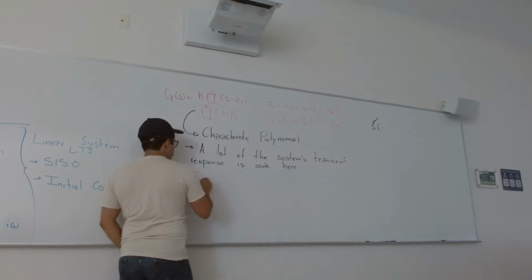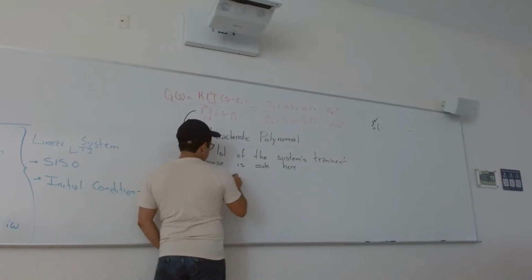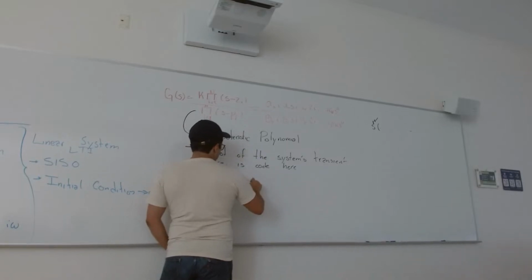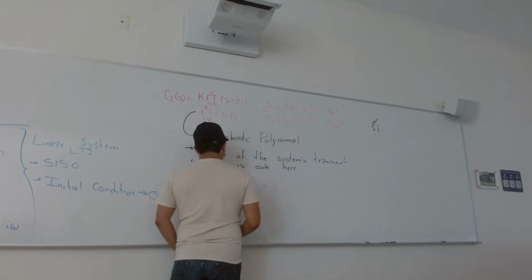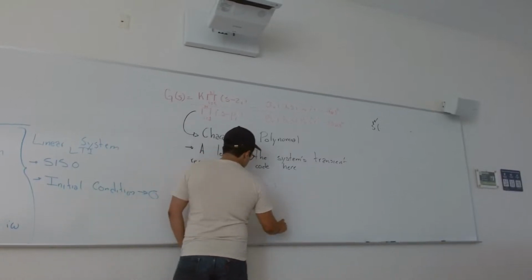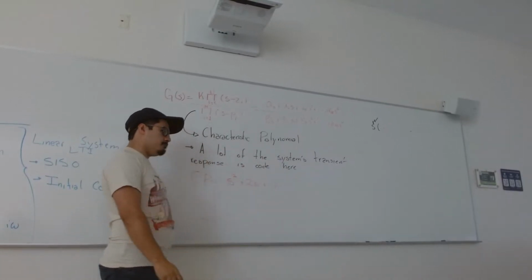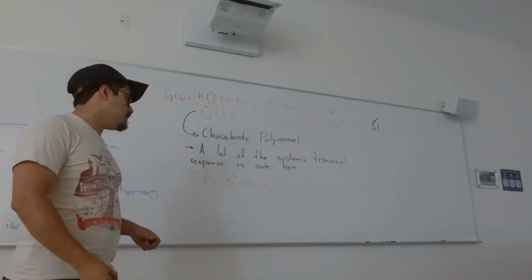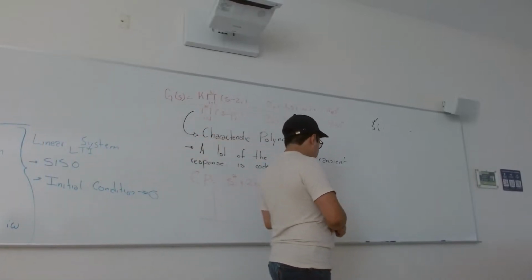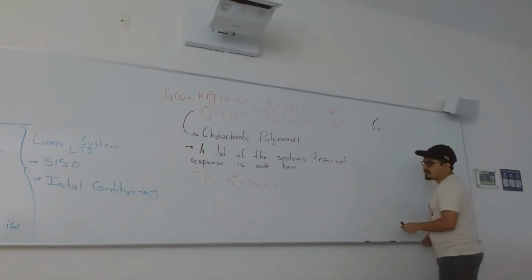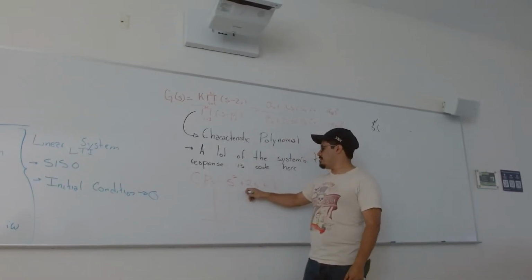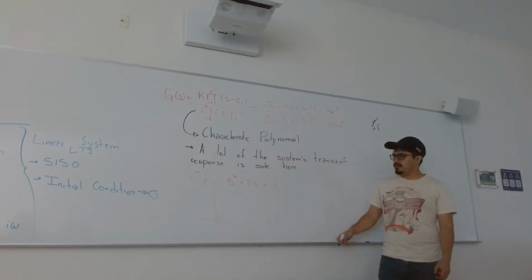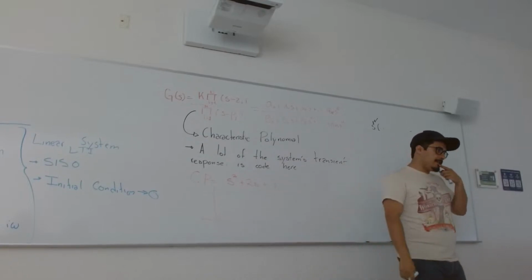So if I have a characteristic polynomial of the shape s squared plus 2s plus 1, who can tell me what's the behavior of this thing? Underdamped?